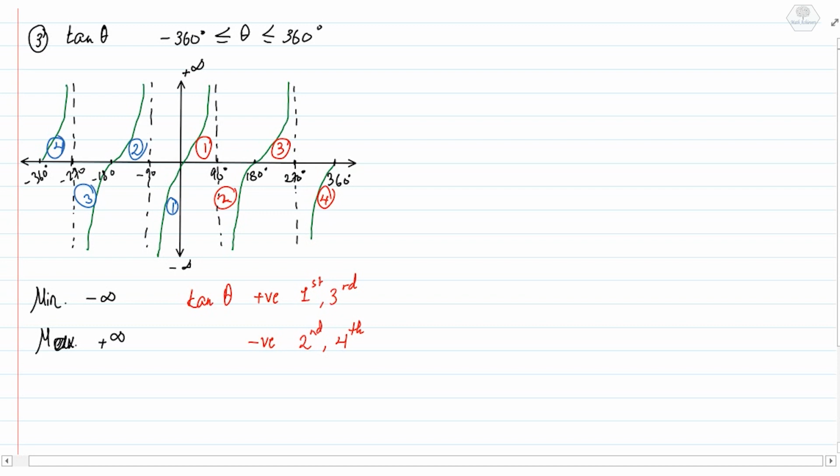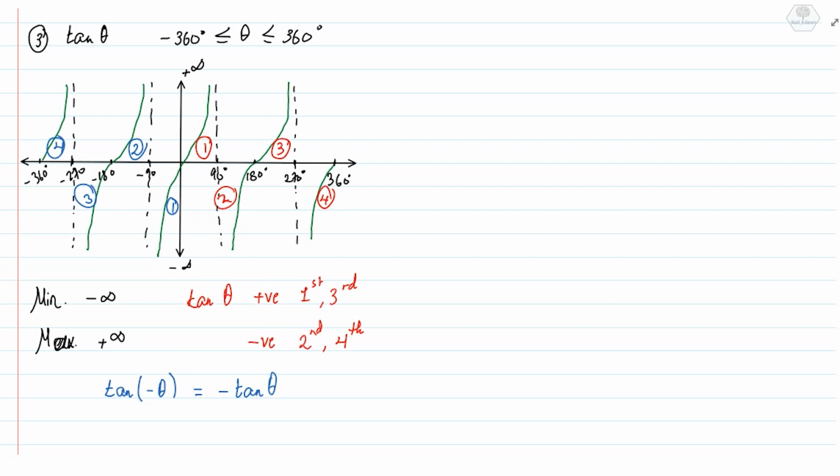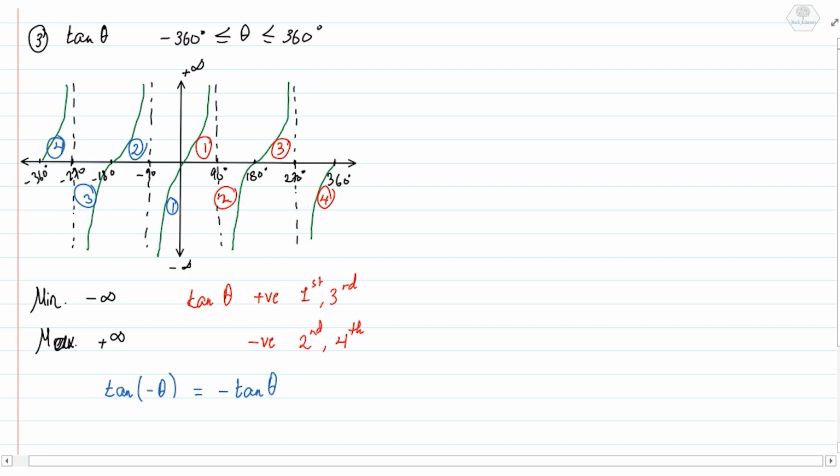So we can conclude here that tan negative theta is equal to negative tan theta. This is for the tan function.